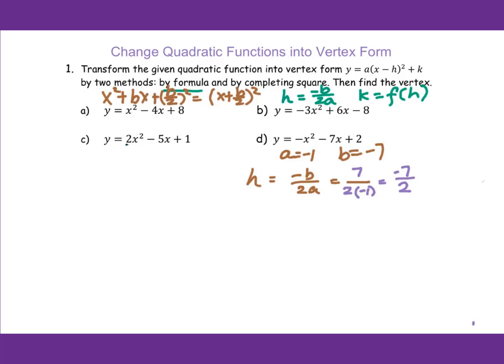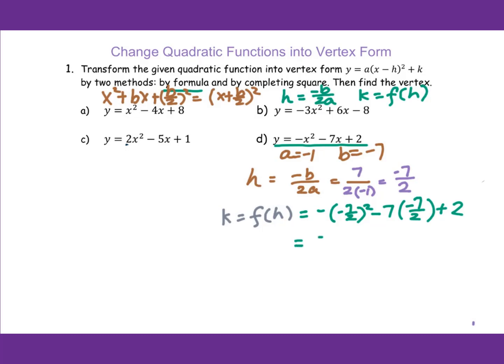So for f of h, that is k, equals, plug in this function, negative 7 over 2 squared minus 7 times negative 7 over 2 plus 2.